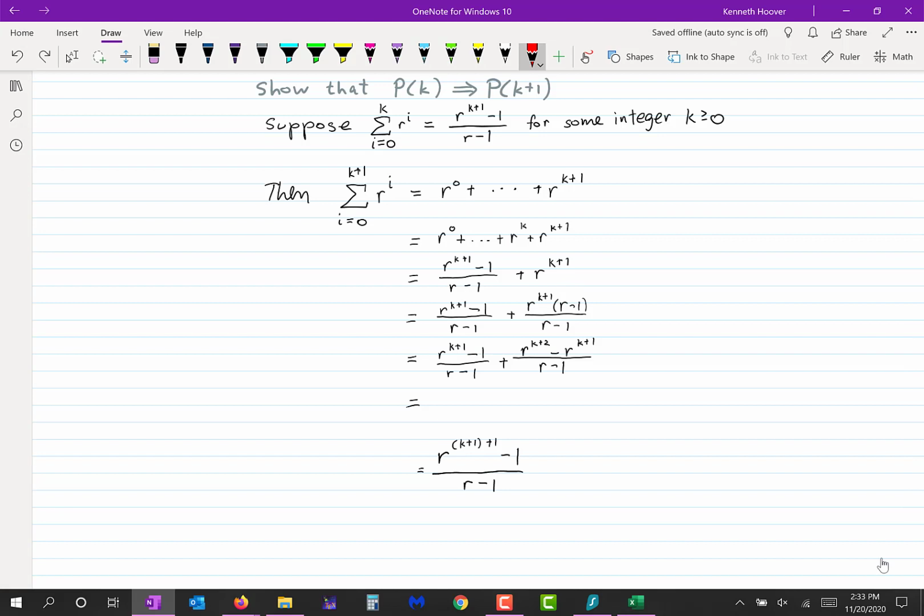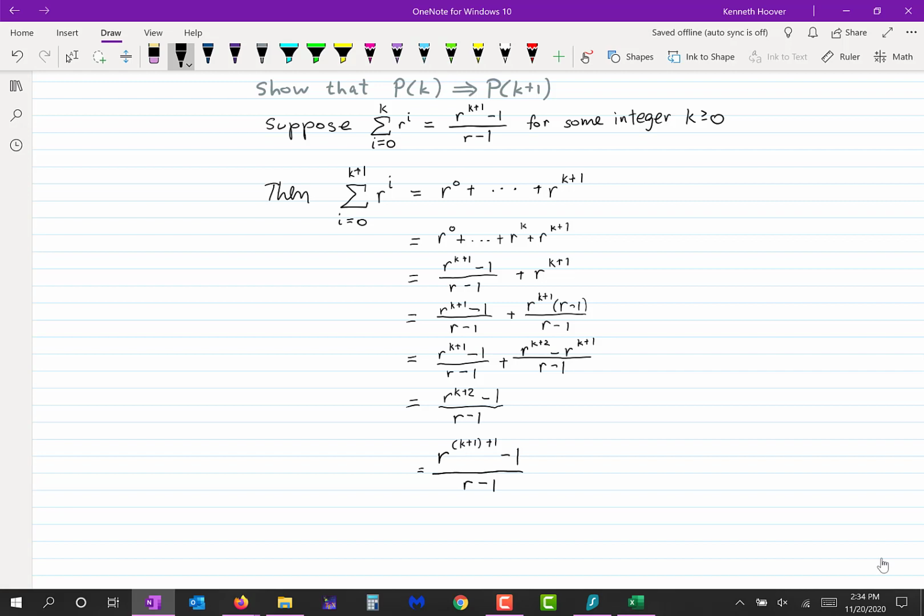Now let's do that addition. Notice that these two things cancel. So we just are left with r to the k plus 2 minus 1 over r minus 1.